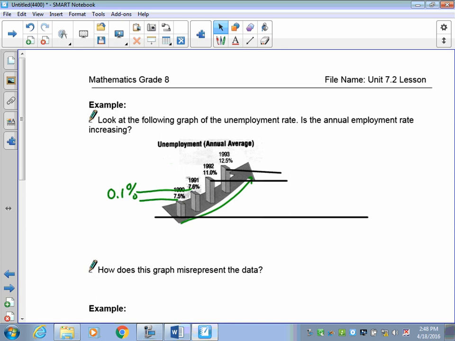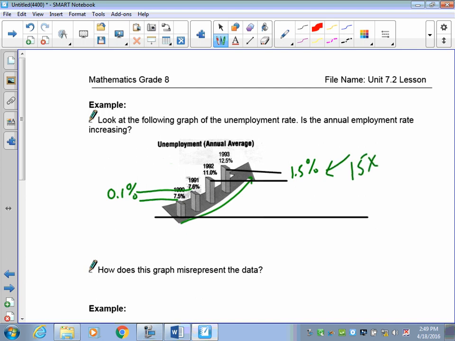Now, this is from 11.0 to 12.5. So this is a 1.5% increase. So this here should be 15 times the difference as is from here to here, because this is 0.1, right? So it really should be significantly different, and it's not.